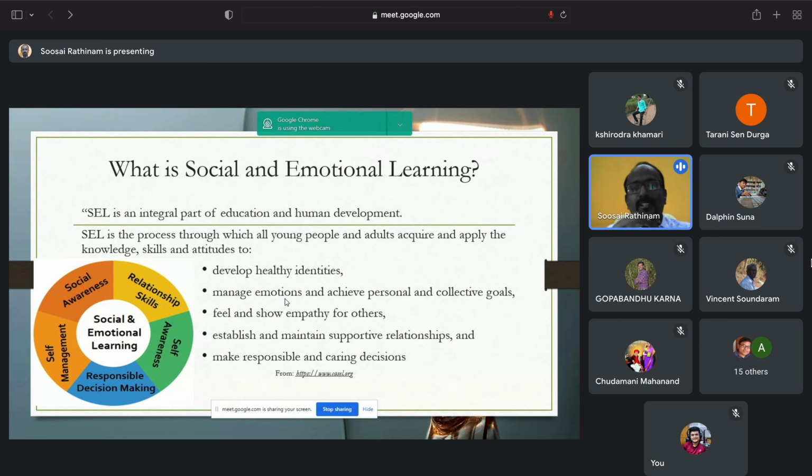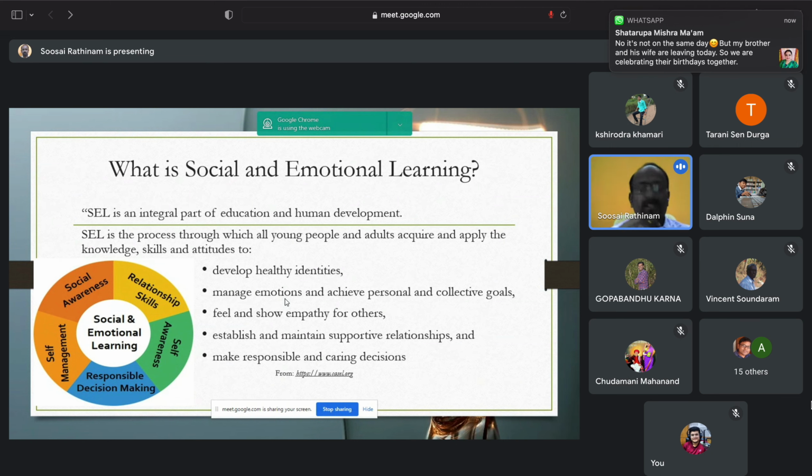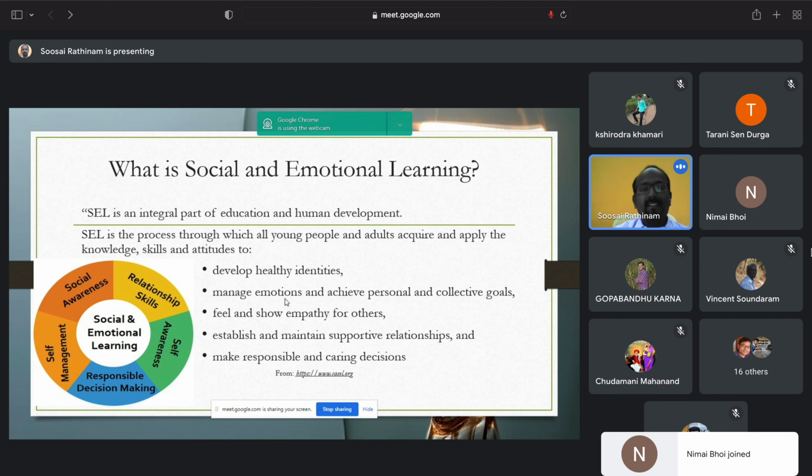And you could see what social and emotional learning is. SEL, as it is called, is an integral part of education and human development. You could see on this website and find out what exactly it talks about.